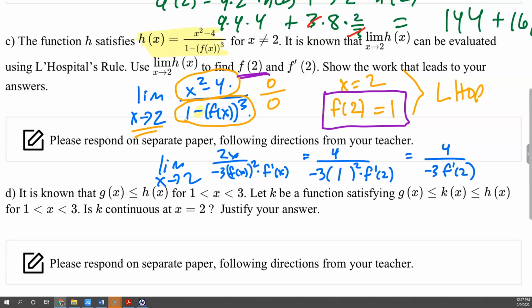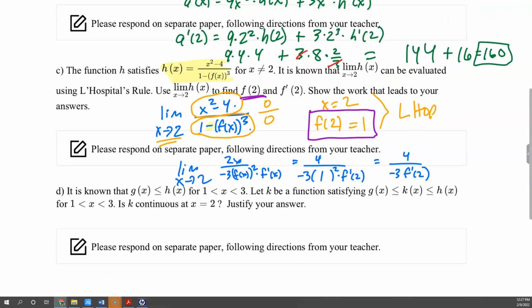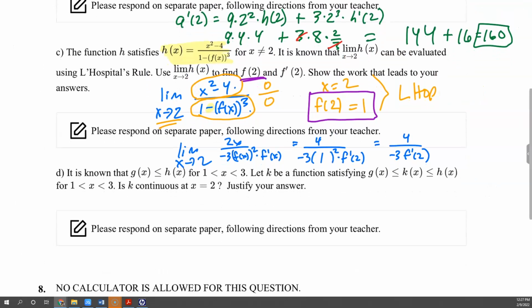It can be evaluated. Shows our work leads to your answer. So f prime of 2 just would have to be anything except 0. It can't equal 0. I have to read this again. It is known that the limit can be evaluated, and f prime of 2 shows our work leads to your answer. I don't feel like you can go any further than that.